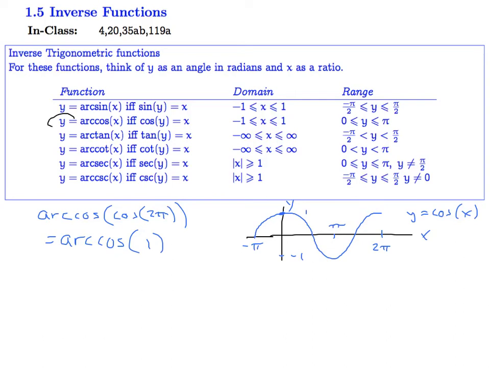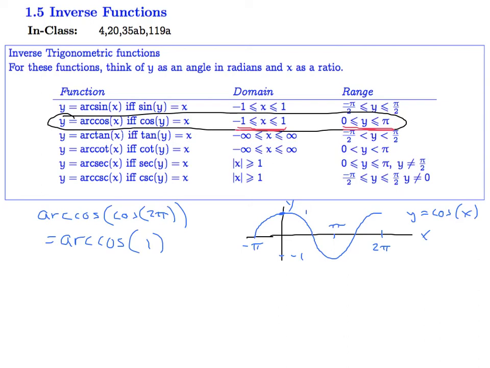So if we look at our function here, arccosine says that we need the domain to be between -1 and 1, and our range will be numbers between 0 and pi. So if we put any number in between -1 and 1, we'll get a number out between 0 and pi. Now we go over to our graph.